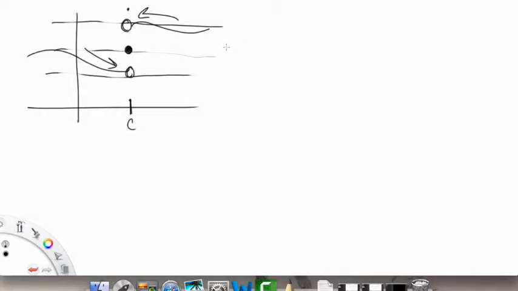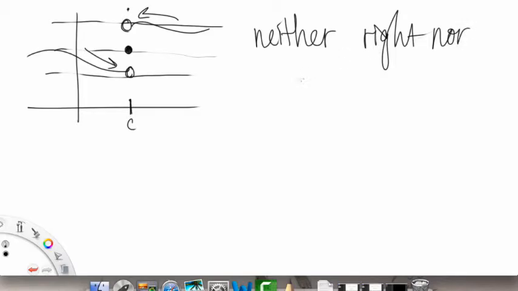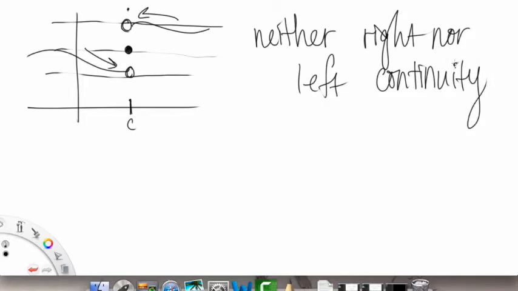So this one basically has neither right nor left continuity, because the value of the function at C doesn't agree with either the right or left hand limits.